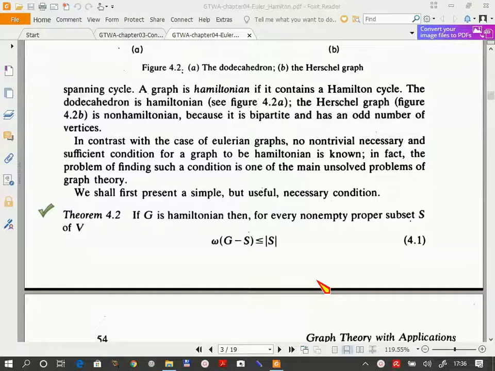Here we'll also have a small proof, not of this anyway. Theorem.